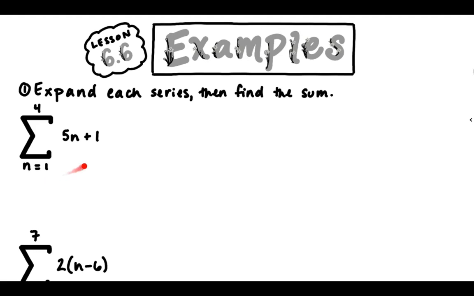So let's start by looking at this series. Remember, this guy's called sigma and it stands for sum. This is the sequence that we're adding, the explicit formula for it. This n equal to 1 down here tells us where we start. And then the 4 right there tells us where we stop.